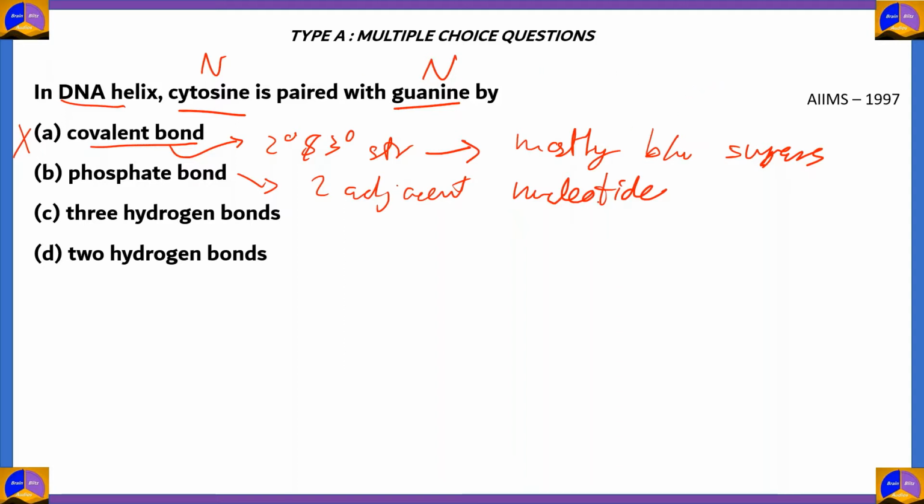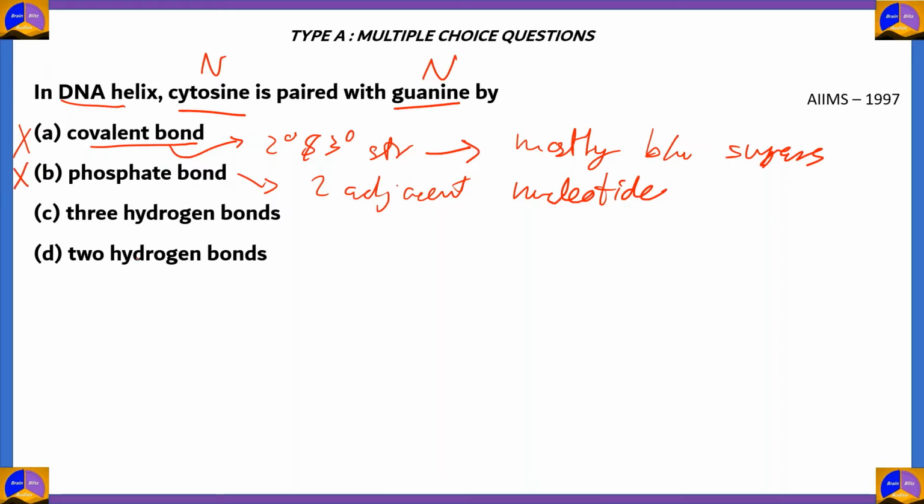So the phosphate of one nucleotide bonds with the OH group of the other nucleotide, and therefore they form a phosphate bond. However, the bond between the two nucleotides which are opposite to each other in a DNA helix is the bond between cytosine and guanine. So it is not a phosphate bond.